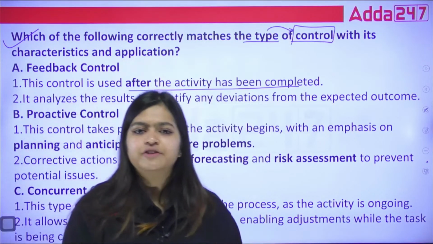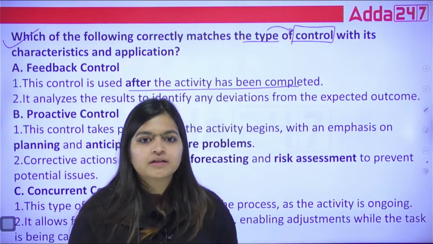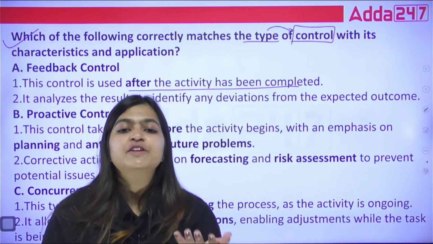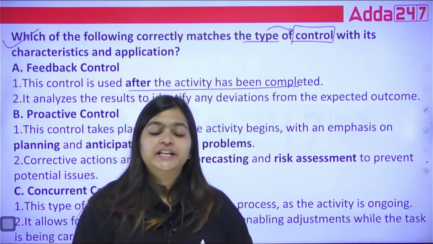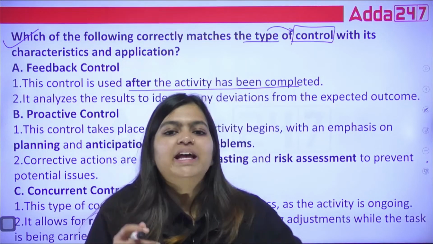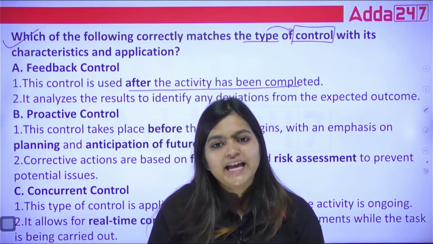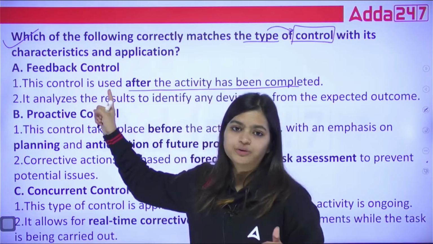Whenever we visit any restaurant, after completing our meal, they give the bill. Along with that, they pass one feedback form also, correct? So they can find out if they need to control any particular activity. With that, they take feedback from us. That is feedback control.